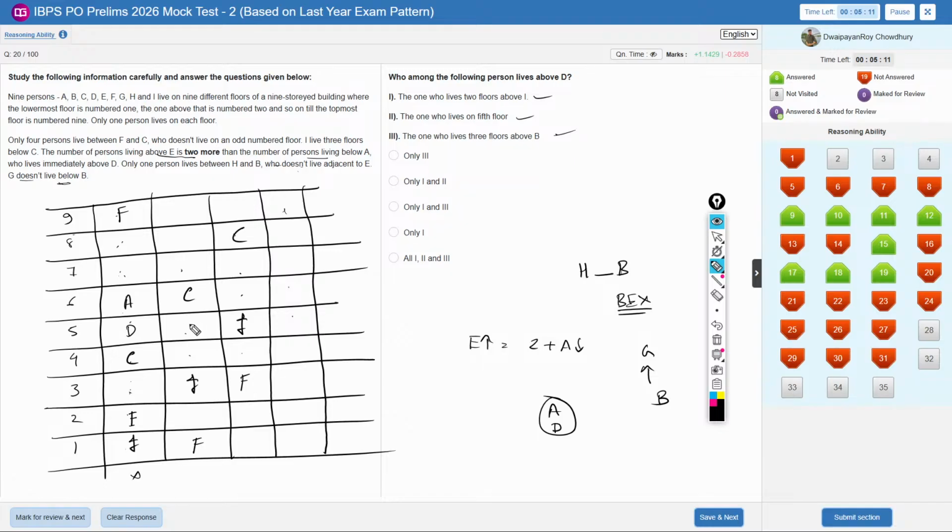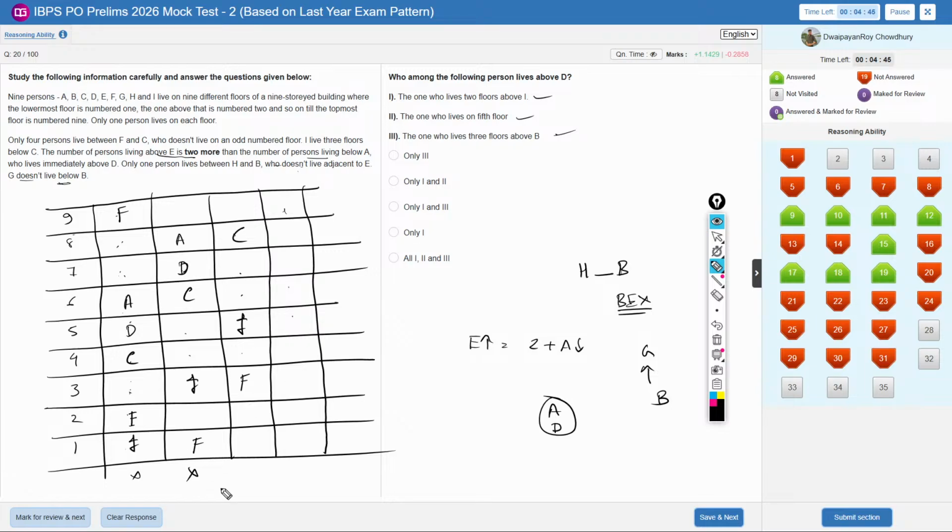Here I got a few opportunities. First, give A, D here. In this scenario, 1, 2, 3, 4, 5, 6, not possible. Then AD here and here. Then it's 1, 2, 3, 4.